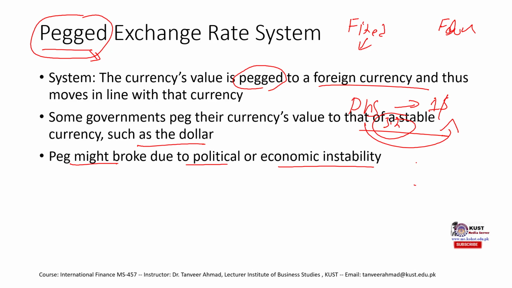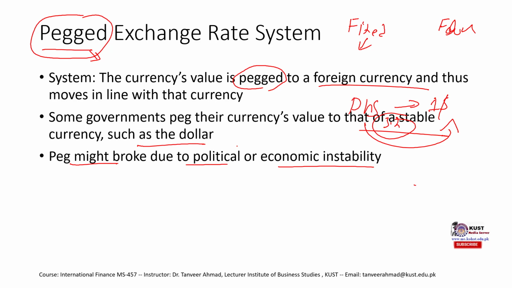What the central bank does is that if the supply of dollars becomes scarce in an economy, let's say the UAE economy, then the central bank would increase the supply of dollars in the UAE from its reserves.